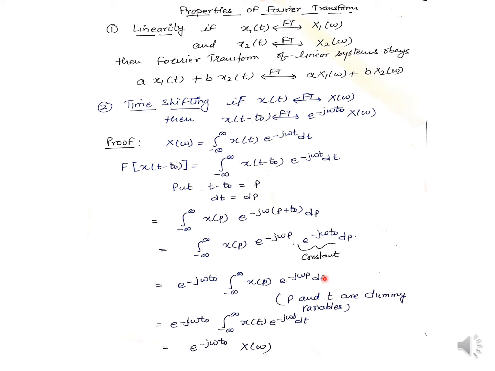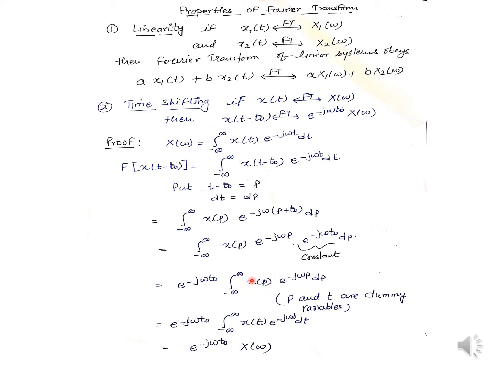p and t, if you remember your integration properly, are dummy variables. For dummy variables, whether you place a p here or a t here, the answer of the integration will not change, because the answer depends on x, whatever the function is. Whether you are using x(p), x(t), x(m) or x(n), it is not going to affect anything.